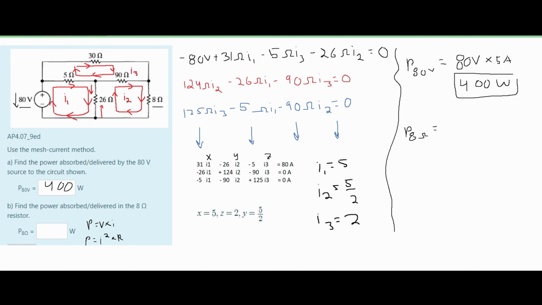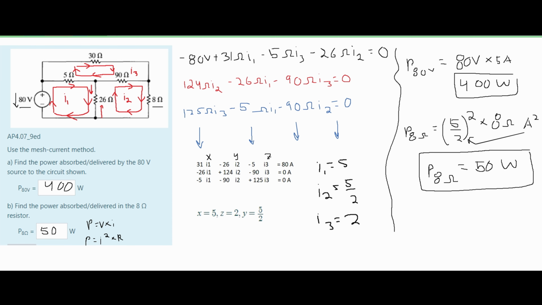But since we don't have that for our 8 ohm resistor, we're just simply going to have our I2 squared, like normal, times our resistance, which is 8 ohms, and this is also amps squared, coming from this part right here. If we do this, we are going to get that our power for our 8 ohm resistor is equal to 50 watts.